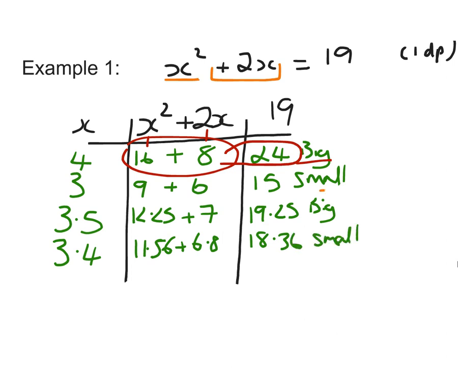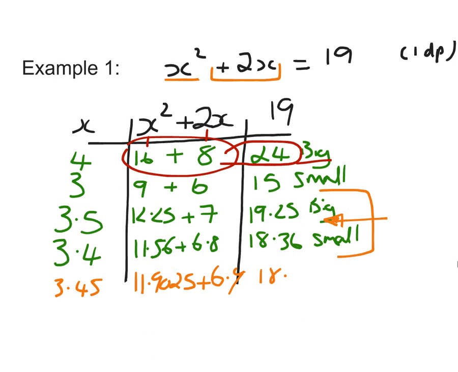So our answer has to lie somewhere between here. So just to check, we're going to pick the number that's right in the middle of there, which is 3.45. 3.45 squared is 11.9025, and we're going to add that to 2 times 3.45, which is 6.9, and when we add them together you get 18.8025, which is too small.